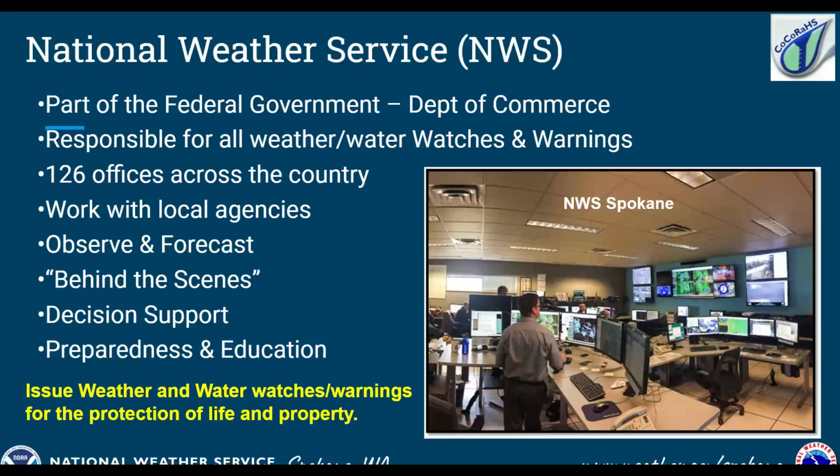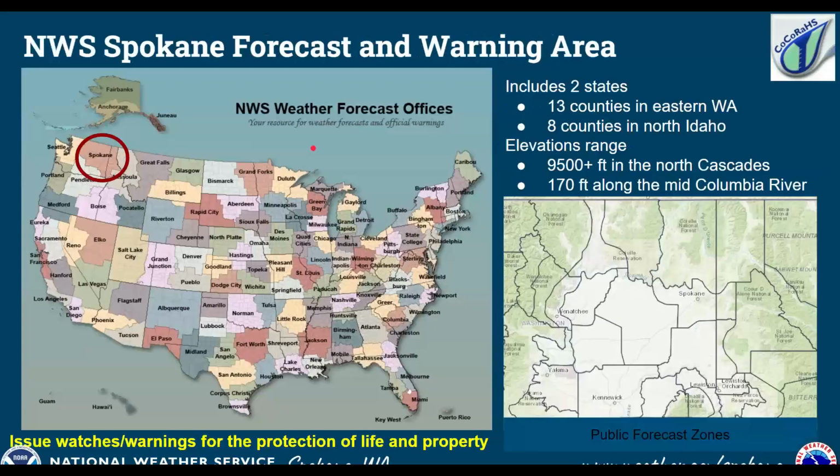So we work with other agencies, the Forest Service, the DOT, many other agencies in the area to get the word out on impending hazardous weather. We also provide decision support for a lot of the big events that are going on, and also for any of the big wildfires in the area as well. And we also work with preparedness and education, so everybody knows how to be safe when the weather turns nasty.